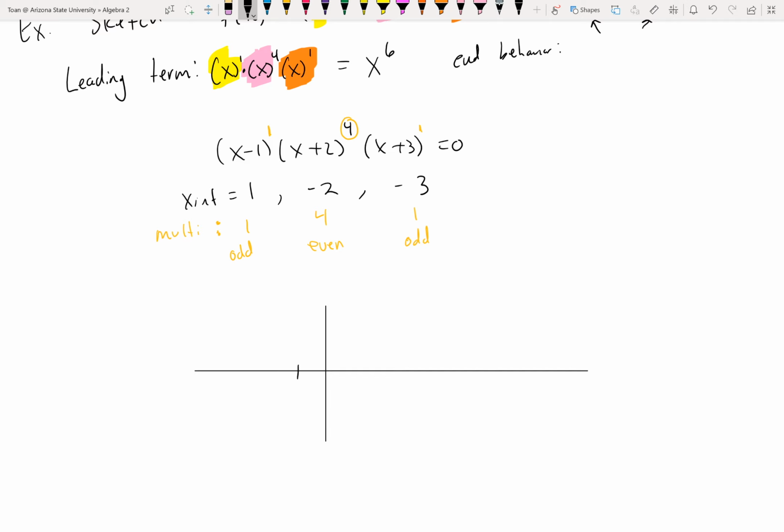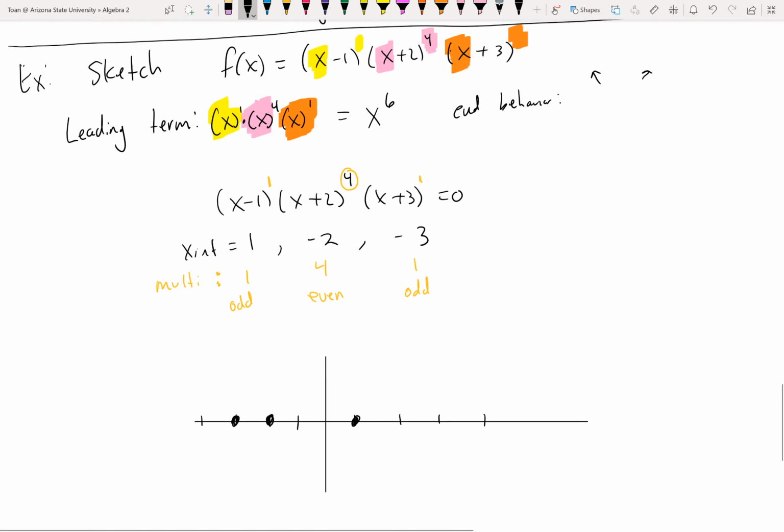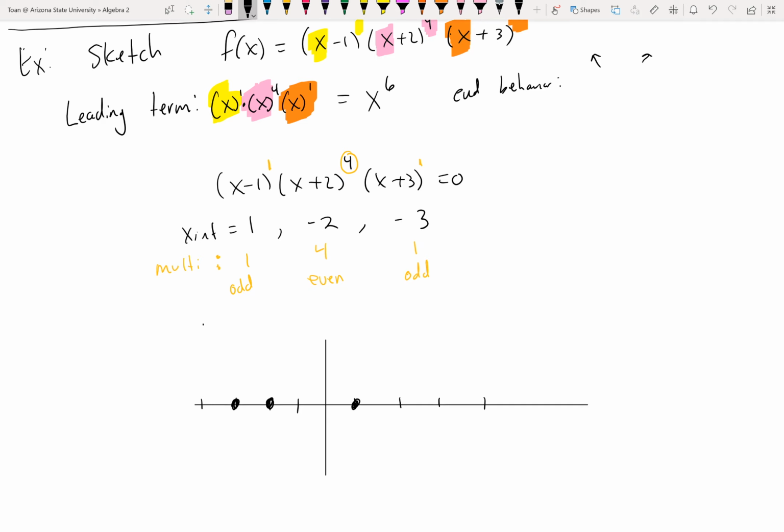So I have -1, -2, -3, -4, 1, 2, 3. I guess I didn't need all those spaces. And I'm going to go ahead and plot my x-intercepts: -2, -3, +1. And I'll go ahead and put in my end behavior. So my end behavior was up and to the left and up and to the right.